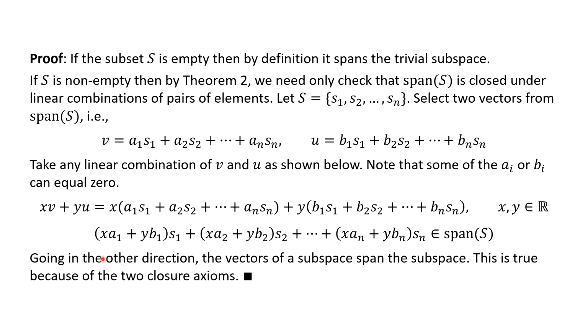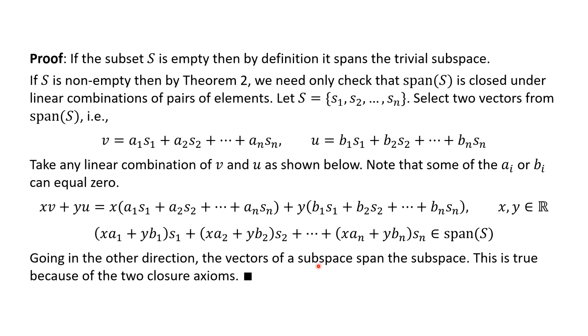So we can also go in the other direction. If the vectors of a subspace span the subspace, that's pretty obvious because you can always write a vector in the subspace as just 1 times itself. It doesn't span anything more than that because of the closure axioms.